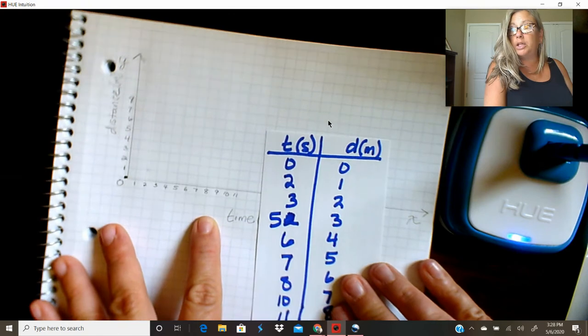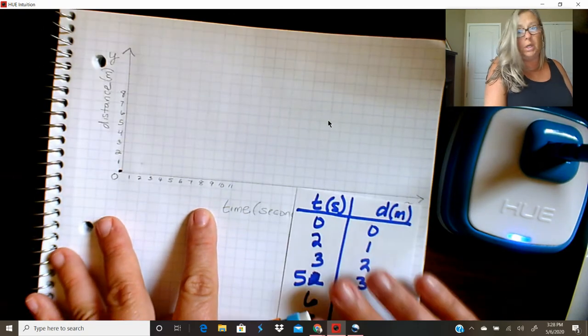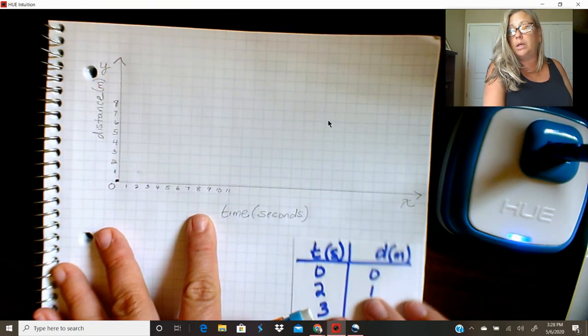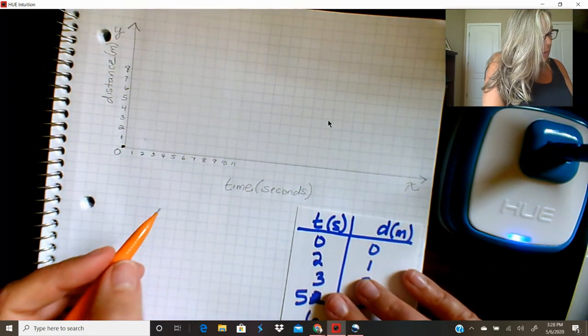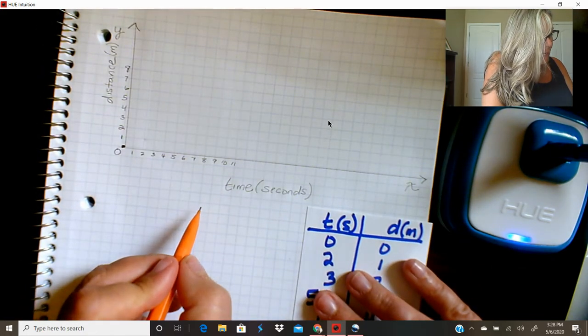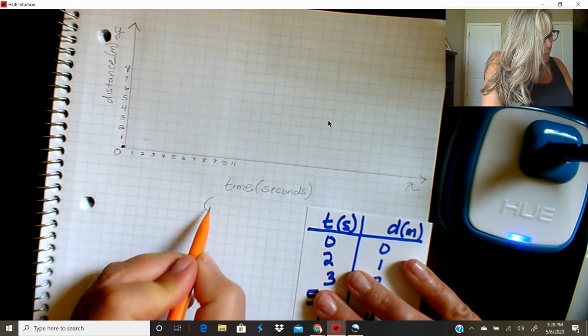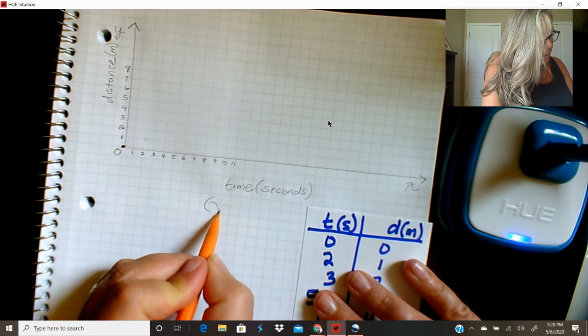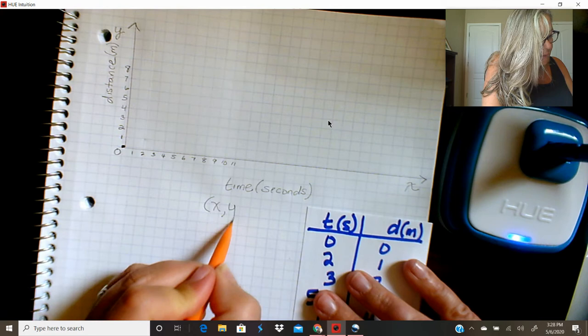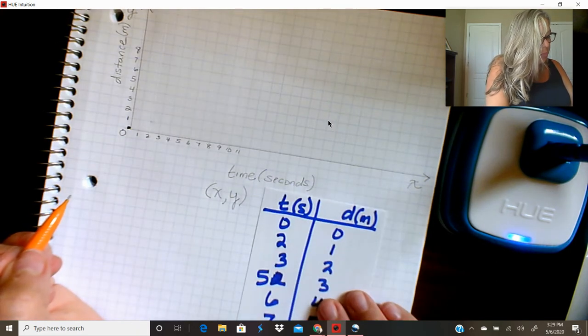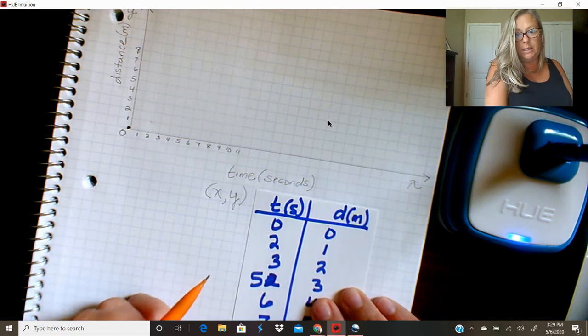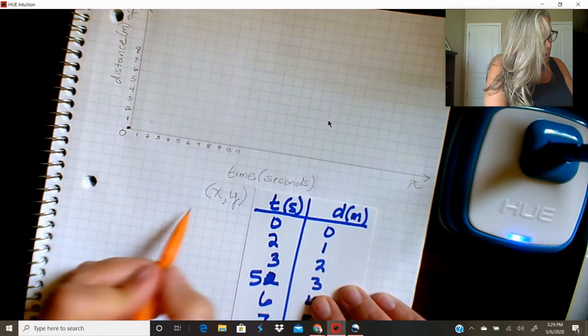And for you guys, last week you were working on coordinate grids with Miss Dickerson. And so you probably already know that the x-axis inside of a coordinate is first, and then the y-axis is right beside it.